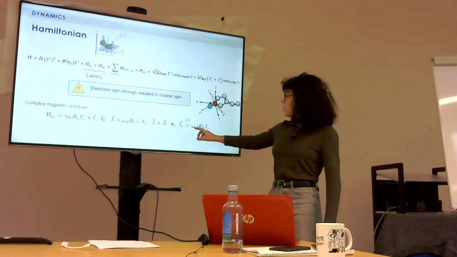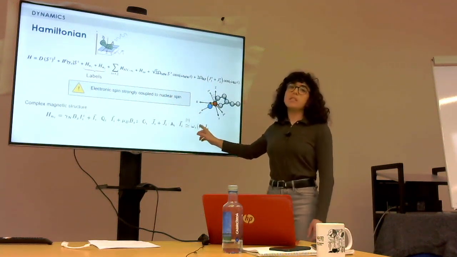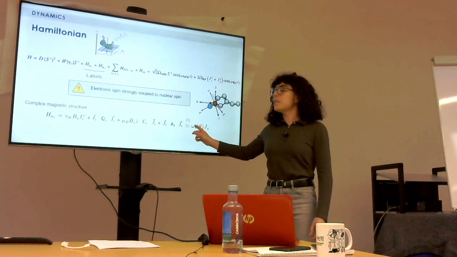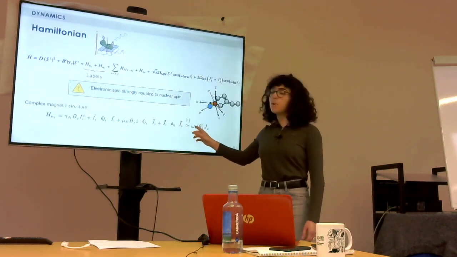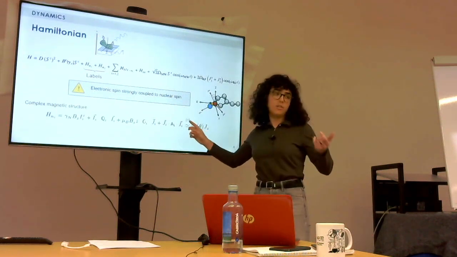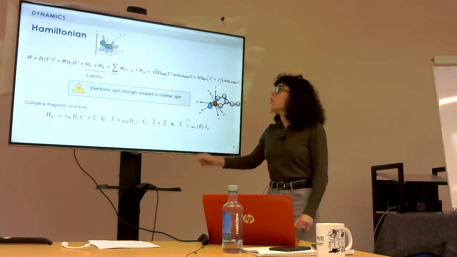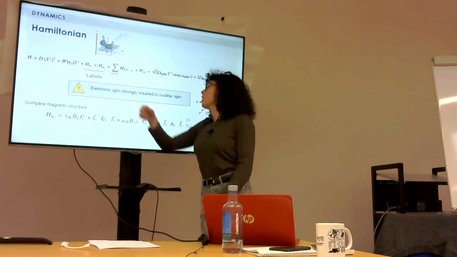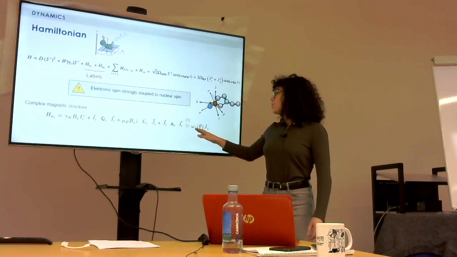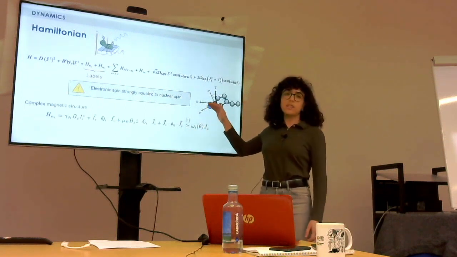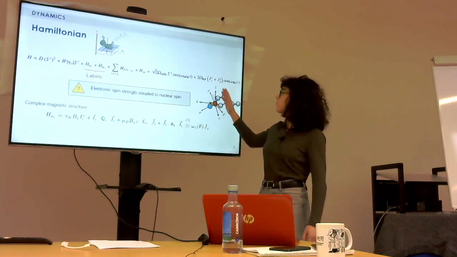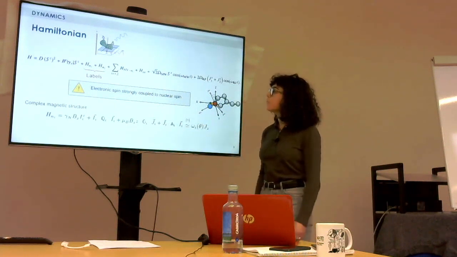And this other omega depends on the spin state of the nitrogen of the nitroxide label, and also on the orientation of the label with respect to the external magnetic field.